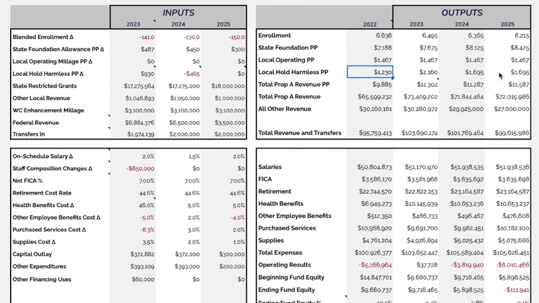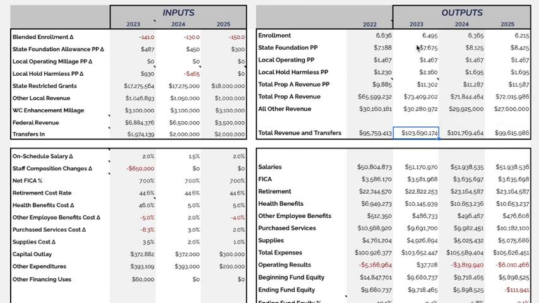So because it was abnormally low in 22, it then became abnormally high in 23, which is why you see this large increase of revenue from 2022's 96 million to 2023's 103.7 million.